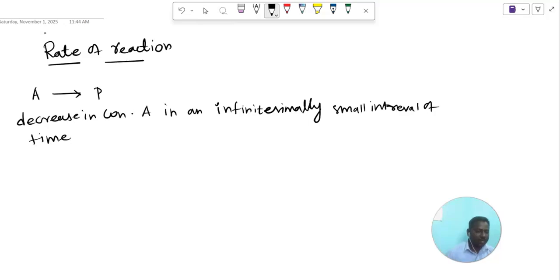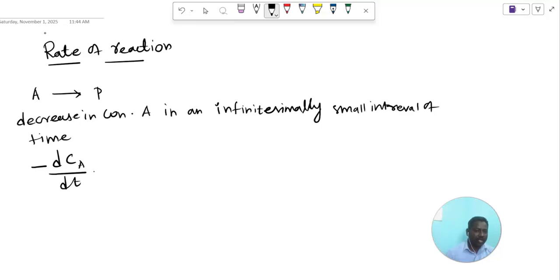So this can be mathematically represented as minus dCA by dt, which means the concentration of reactant A decreases as time goes, meaning the reactant A is converting into product P. Therefore, the mathematical expression is given as minus dCA by dt.